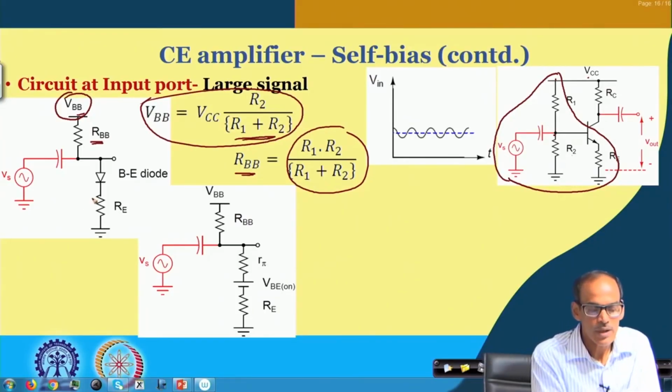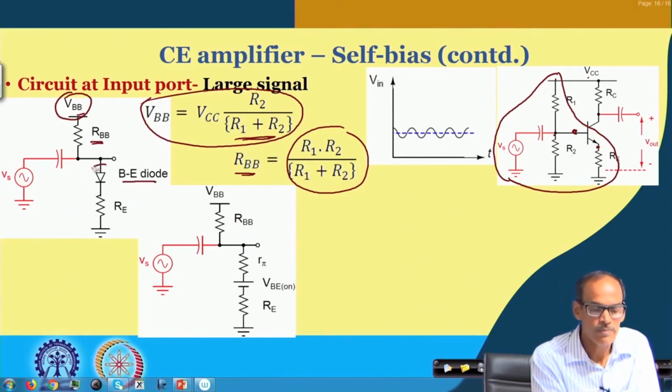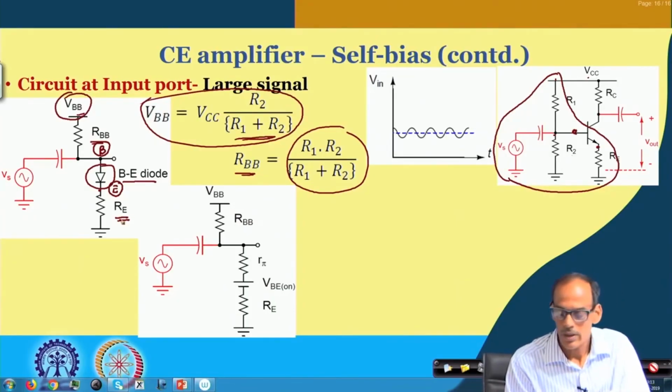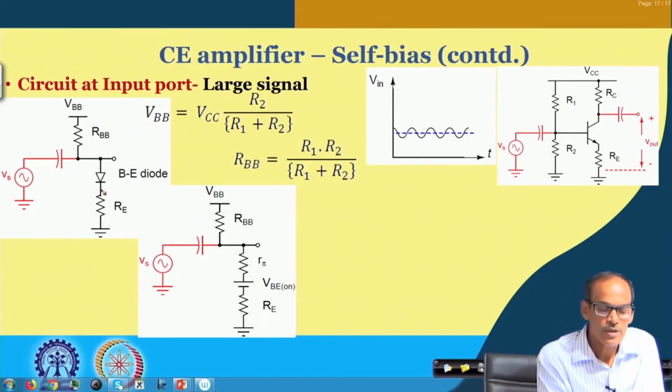Then, in the transistor, from base to emitter we have the base-emitter diode. This is the base node and this is the emitter node, and at the emitter node we have this emitter resistor. Now, at the emitter of course, we have the additional current flowing into this.